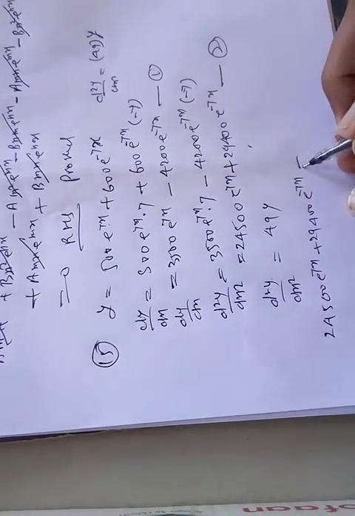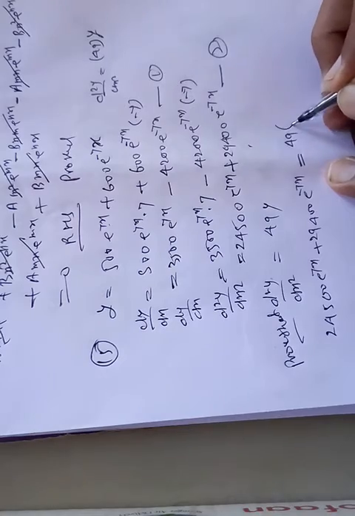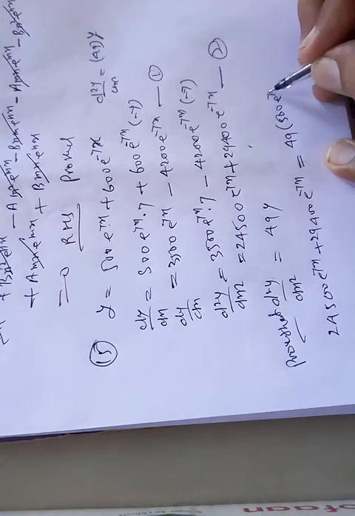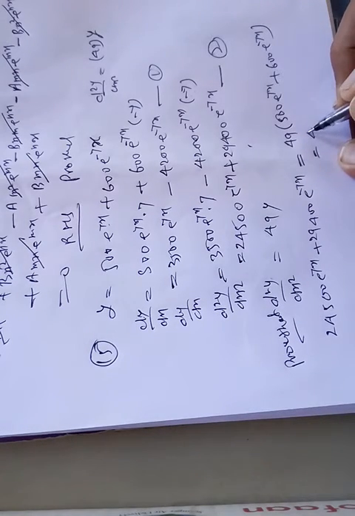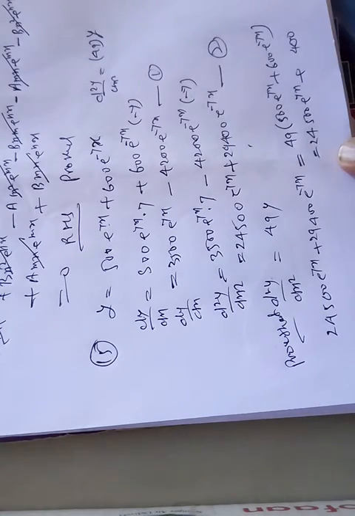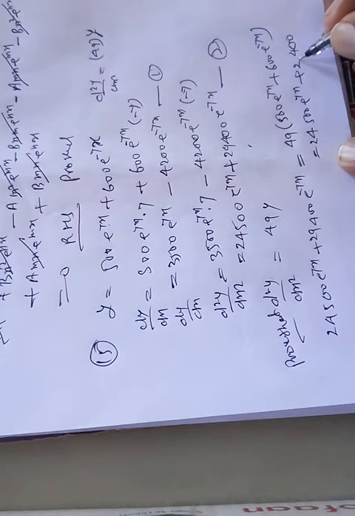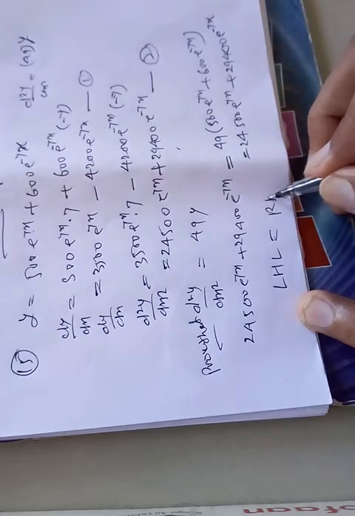Let RHS be given: 49y, where y is the function 500 e^(7x) plus 600 e^(-7x). Multiplying by 49, we get 24500 e^(7x) plus 29400 e^(-7x). So LHS equals RHS. Proved.